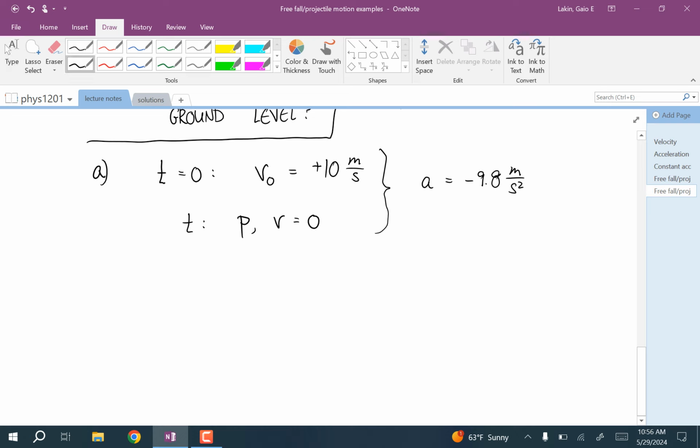Okay, so let's think about what we know and what we want. We don't know how long it takes. If we don't have to calculate it, we can skip it. We're not asked for it, so I'll just leave that out for now. We know the acceleration is negative 9.8.